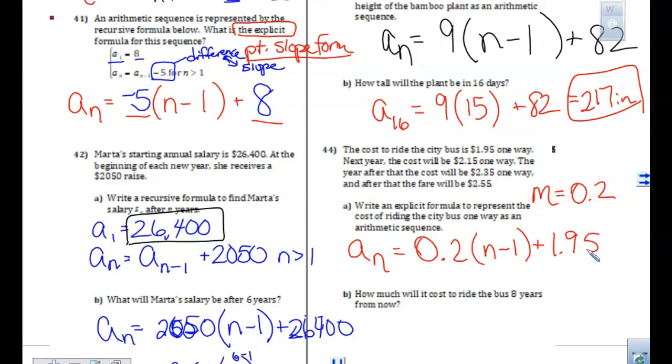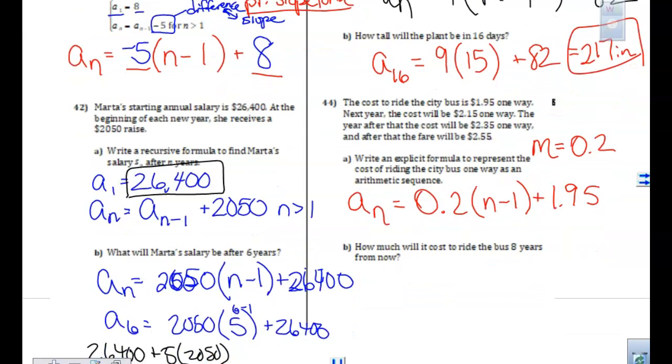So the cost in 8 years, especially if I'm going to find it. This is why sometimes explicit is nicer, because you can just plug in for the variable, right, for the n. So you do what? A sub 8 equals 0.2 times 7, because 8 minus 1 is 7, right?